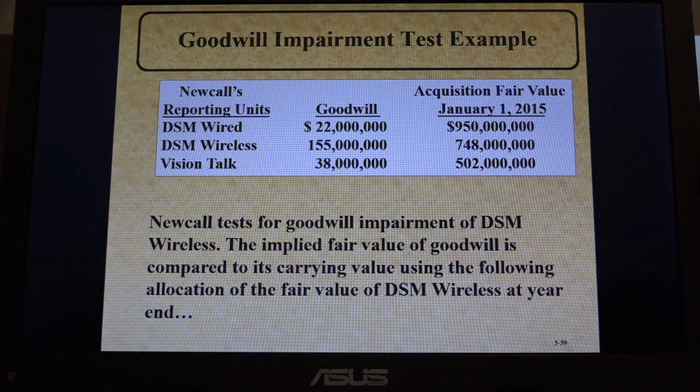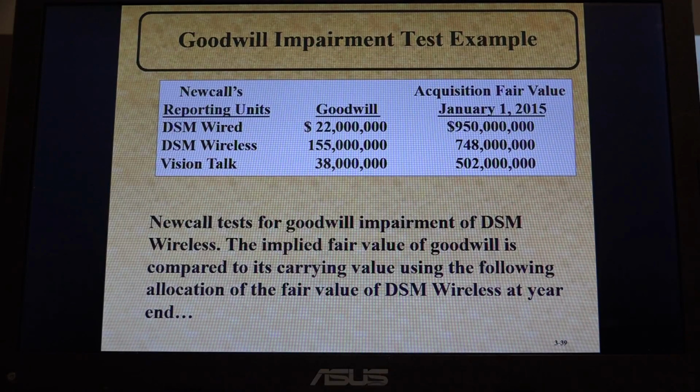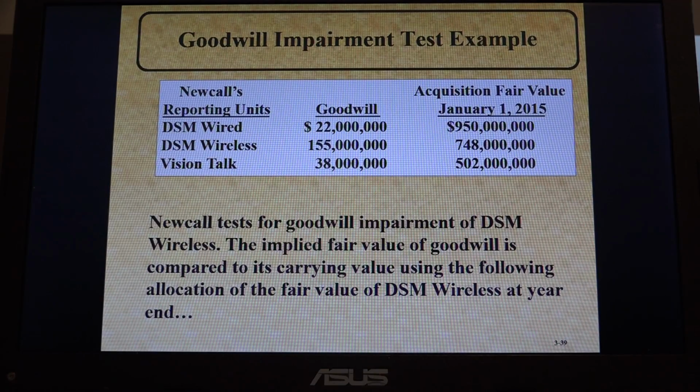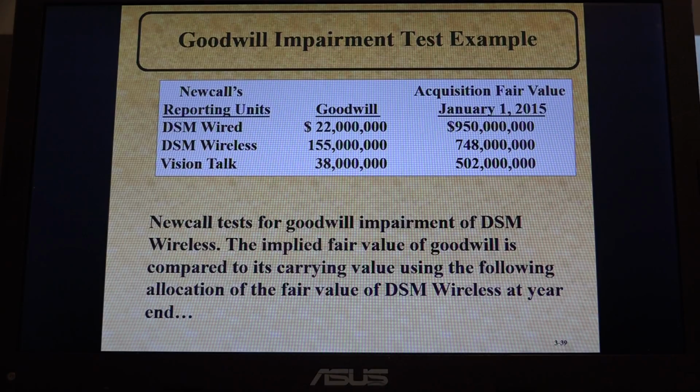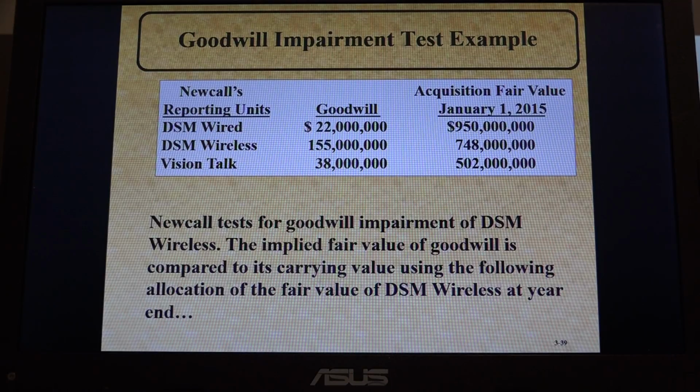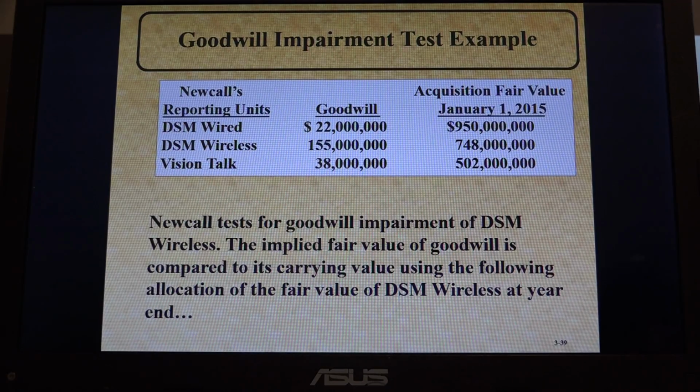Then they've got to go to the quantitative. So here, the acquisition fair value as of January 1, 2015, $748 million for DSM Wireless, and they have recorded $155 million of goodwill.